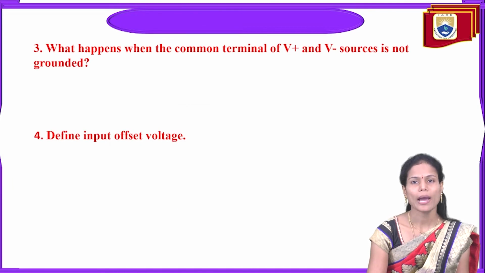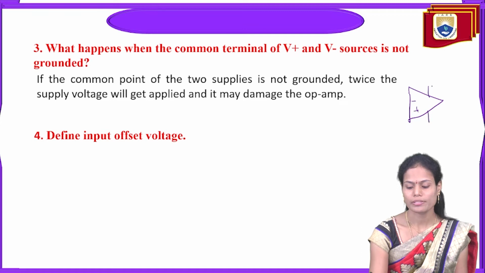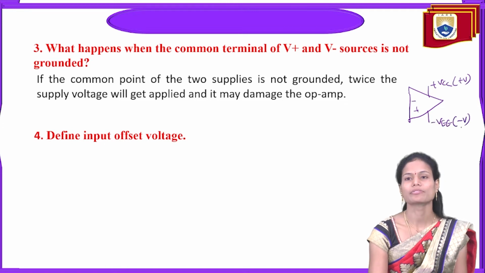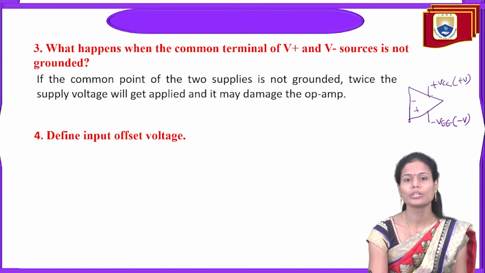And next, what happens when the common terminal of the positive voltage and negative voltage sources is not grounded here? In the case of the operational amplifier, we provide both supplies, plus VCC, that is plus V, and minus VEE, that is minus V. For plus VCC, the positive terminal of the battery is connected to the operational amplifier, and the negative terminal should be grounded.